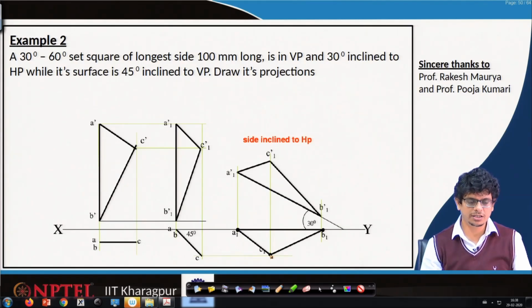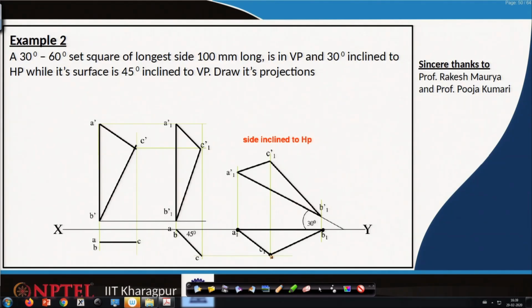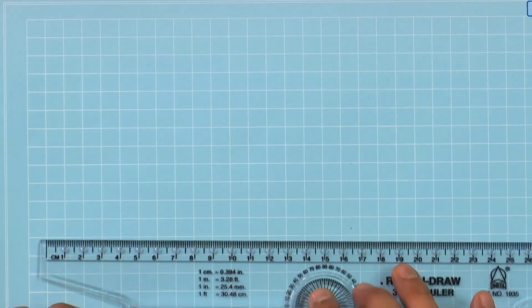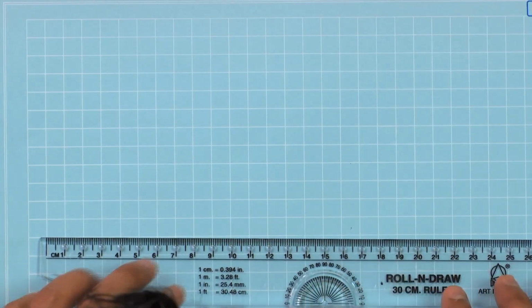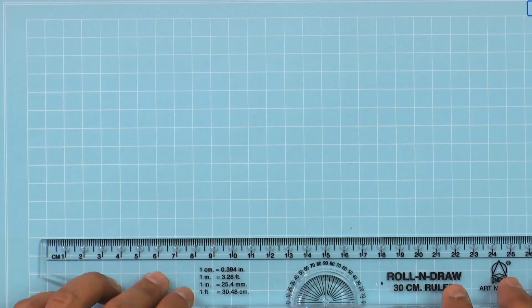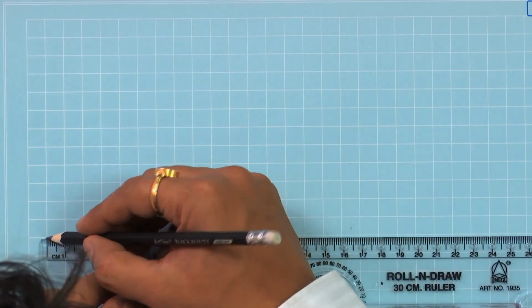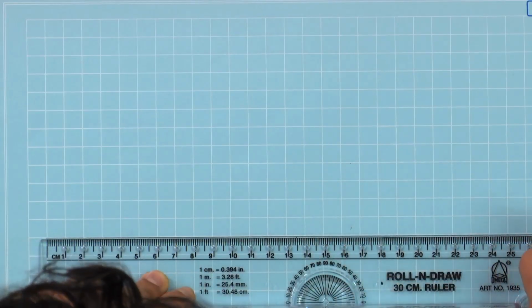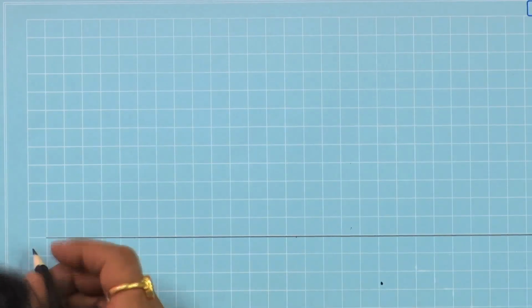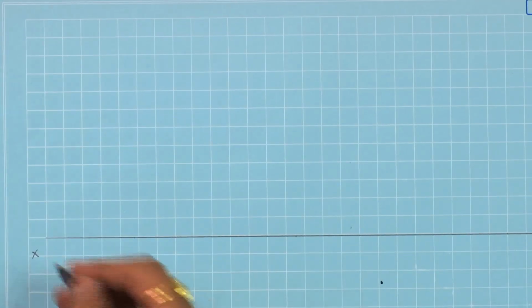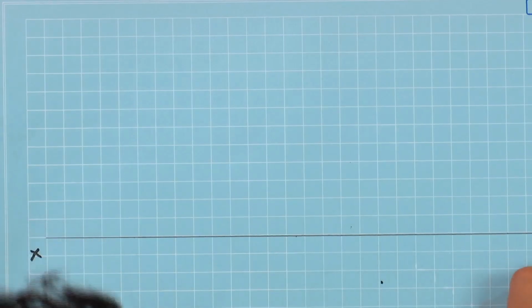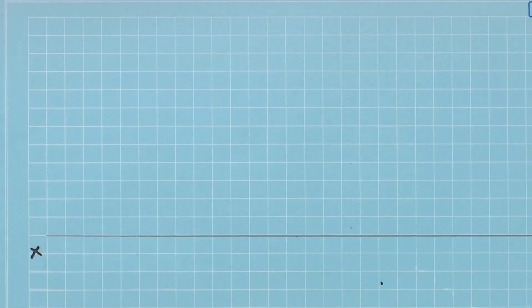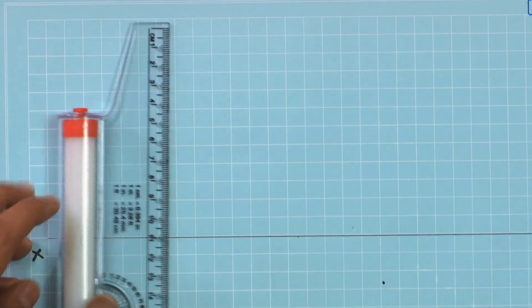Let us construct that on our sheet. First of all, on the drawing sheet, construct a horizontal line, the xy axis. This is the xy axis. On that axis, we have to use a 100 mm long line first.